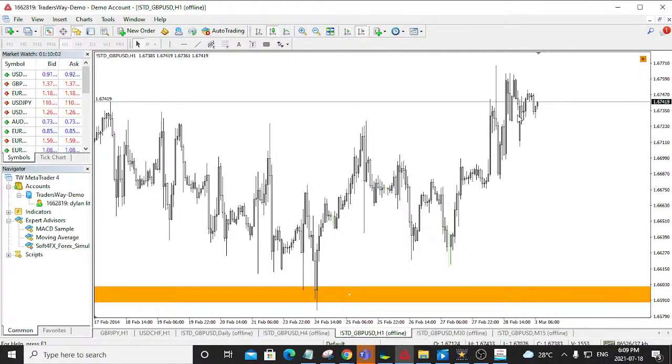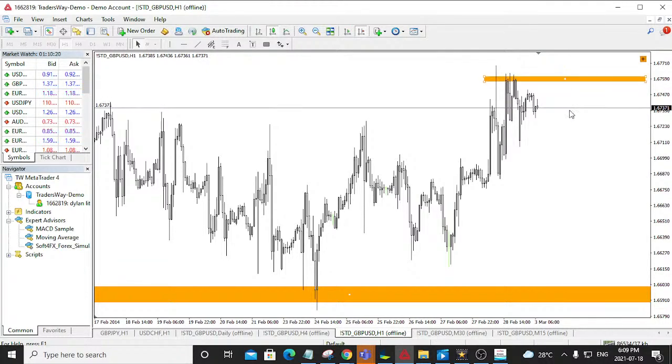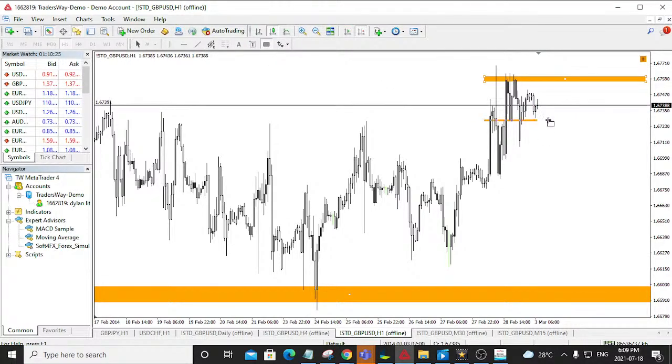Most recently you can see that price is ranging, so it went down, up, so there's this level of resistance here. And from a general standpoint, it looks like price is just going up as a whole. Hard to tell exactly, but that's what it looks like.